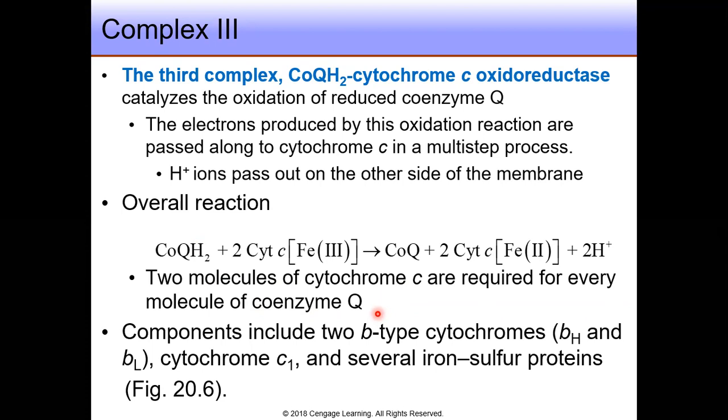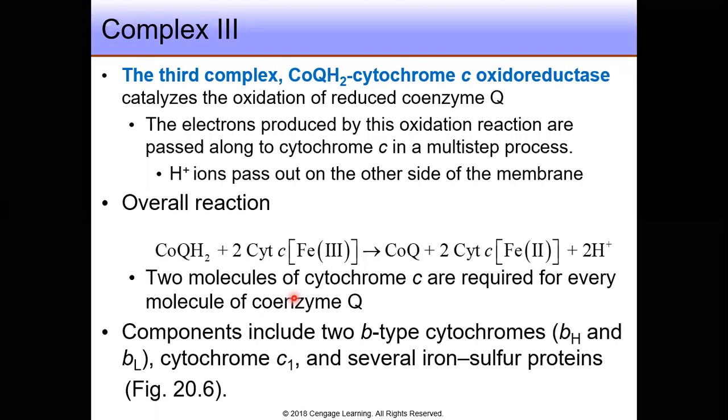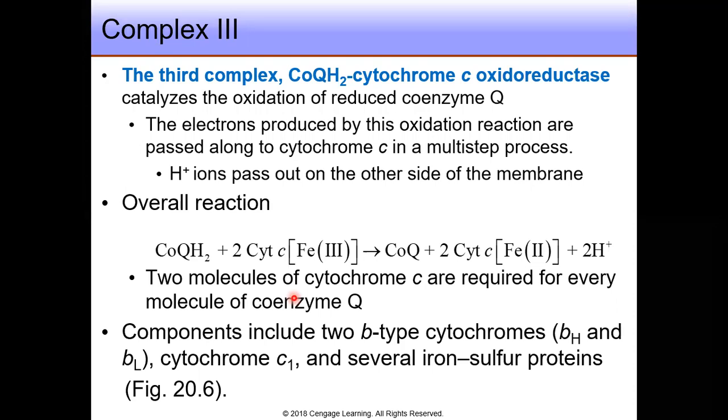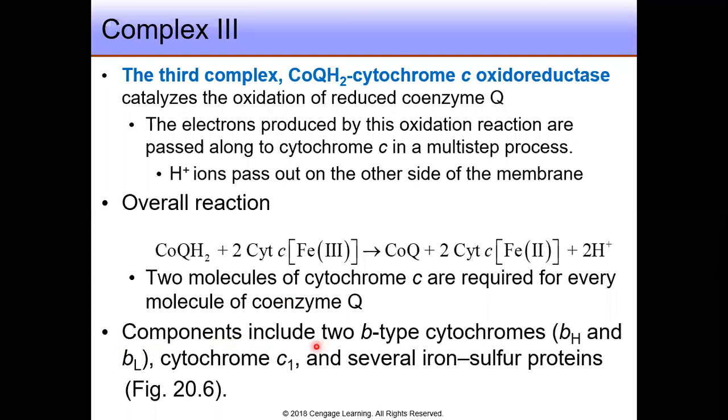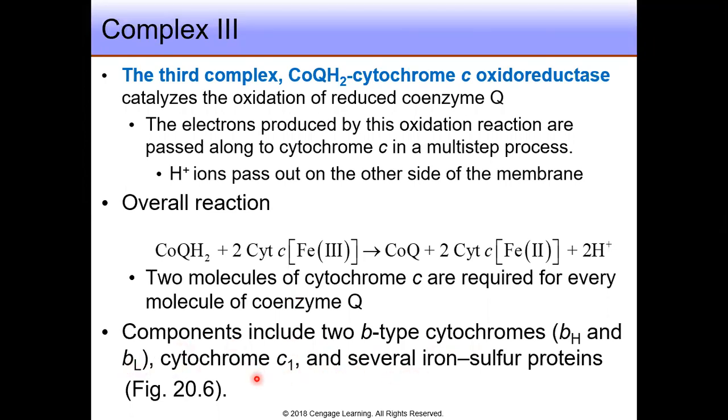So that's why 2 molecules of cytochrome c are required for every molecule of coenzyme Q. Now, components include 2 B-type cytochromes, bH and bL, cytochrome c1, and several iron-sulfur cluster proteins.